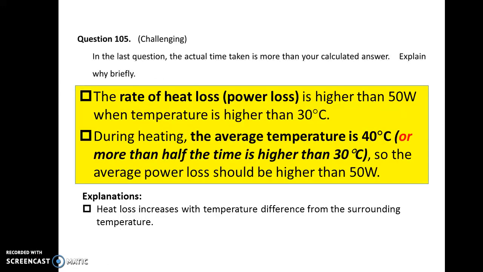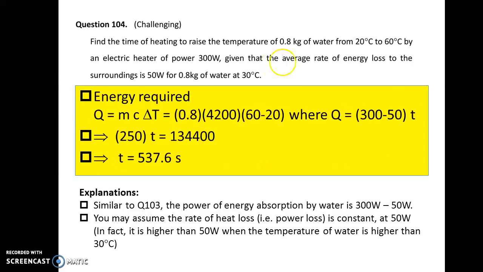Question 105. Well, in the last question, the actual time taken is even longer. Why? Let's take a look at the last question. Now in this question, it says that the power loss is 50 watts for that water at 30 degrees Celsius. However, the average temperature of water should be about 40 degrees Celsius.